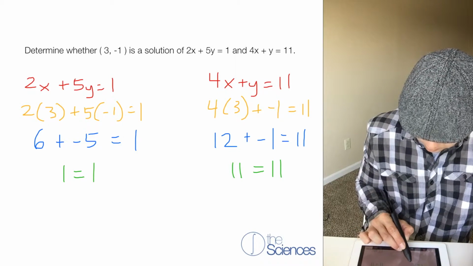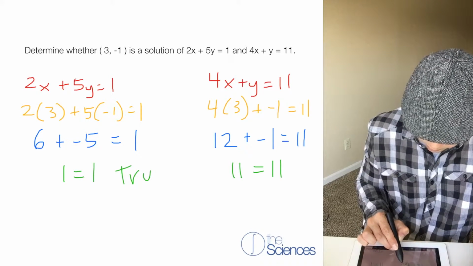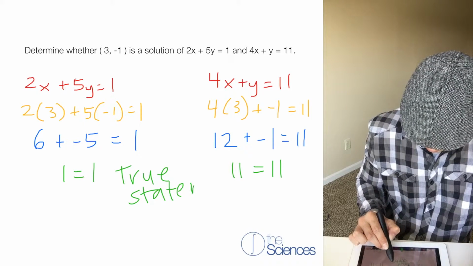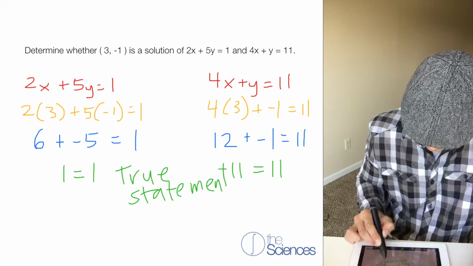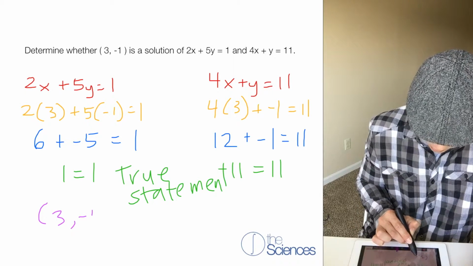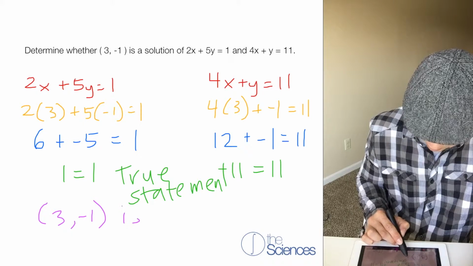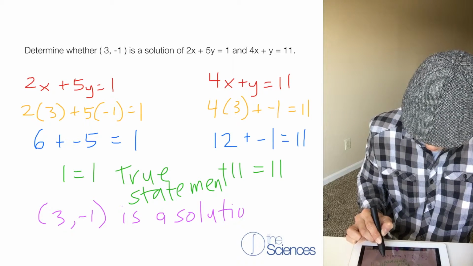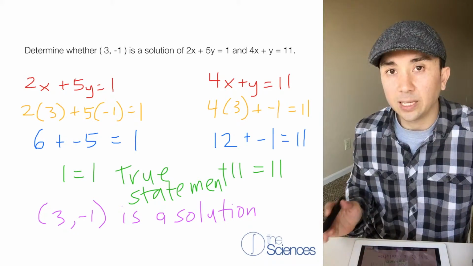So these two equations are true statements. Therefore, (3, -1) is a solution of both equations.